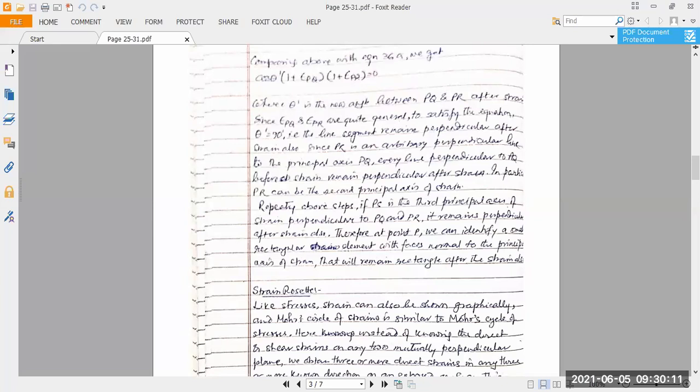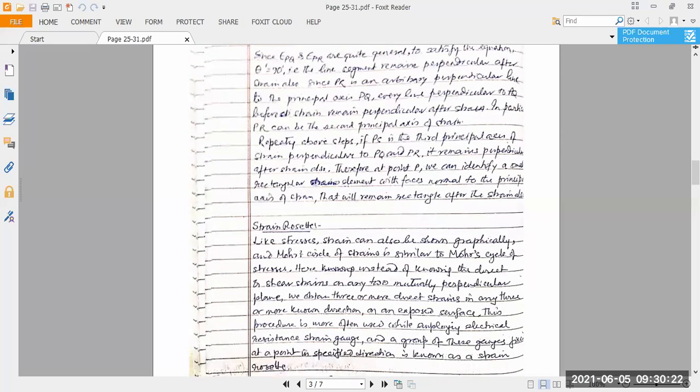Okay. Next, let us go through a portion of your syllabus called strain rosette. Like stresses, strain can also be shown graphically.